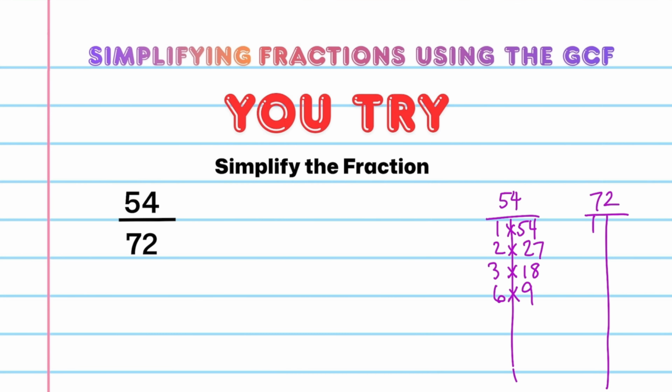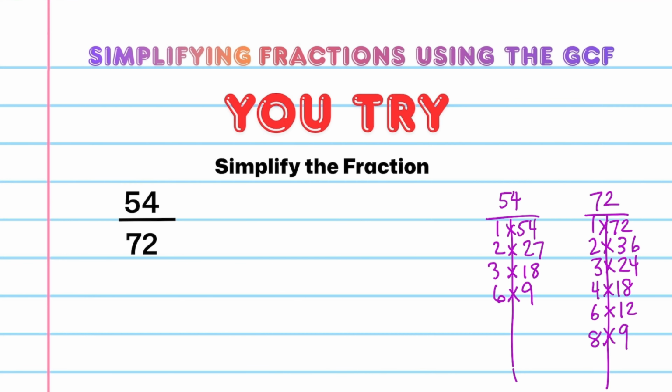I have 1 times 72, 2 times 36, 3 times 24, 4 times 18. 5 doesn't go into 72. 6 times 12 is 72. 7 doesn't go into 72 evenly. And 8 times 9.